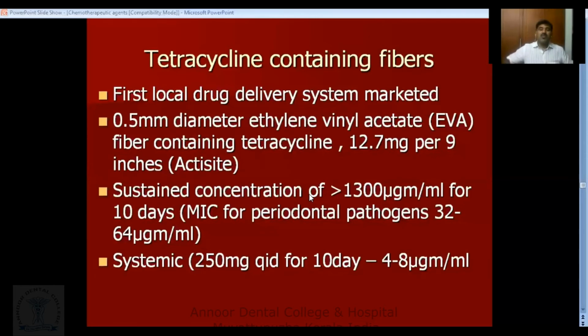So when you give it systemically, you are giving a large amount of drug, but within the gingival sulcus, the area that is needed, you are not getting sufficient quantity of drug. When you place these fibers, you get a concentration that is much, much above what is actually needed. So that is the basic idea of these local drug delivery agents.